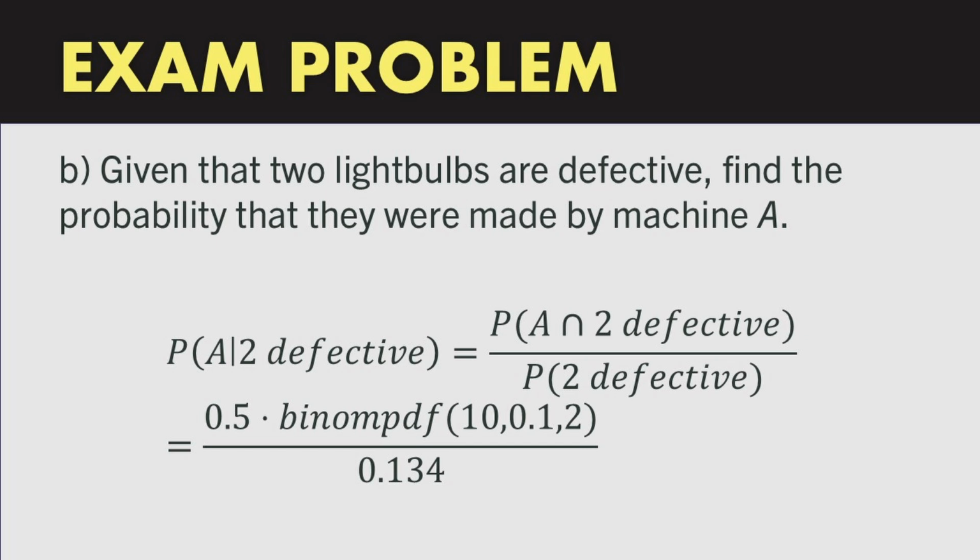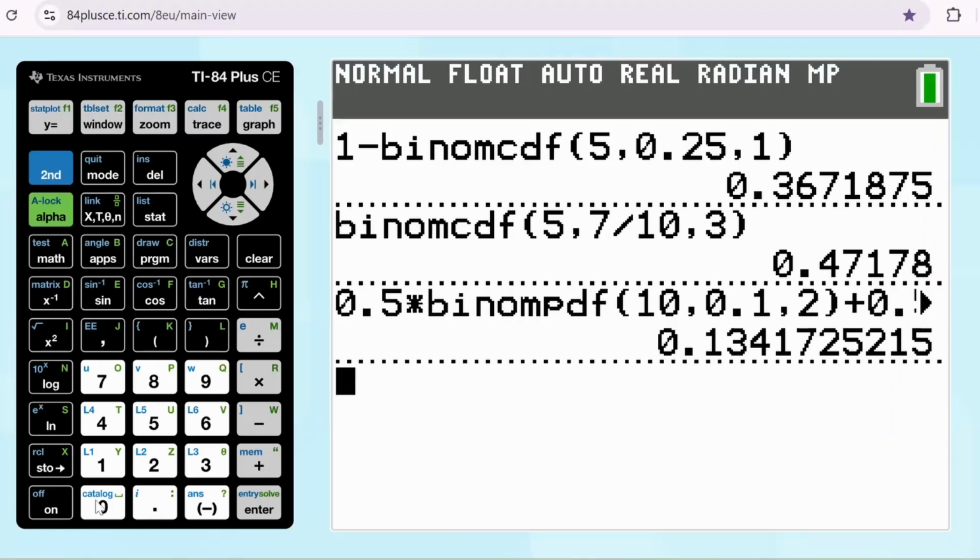I'm going to use the function in the calculator, not the formula. So I'm going to use the binomial PDF function with 10 trials, 0.1 as my success probability, and 2 for my value of x. I'm going to go to my calculator and write all of that.